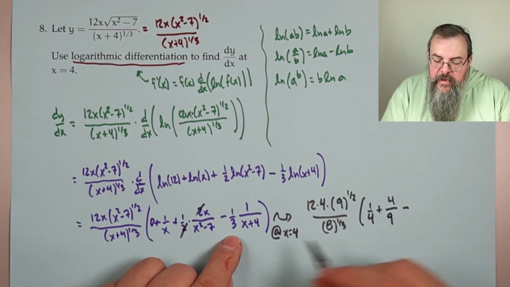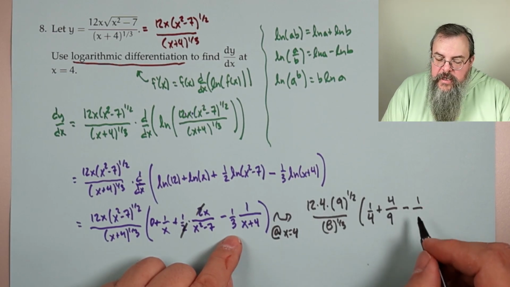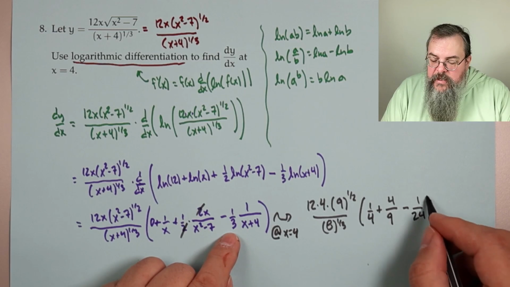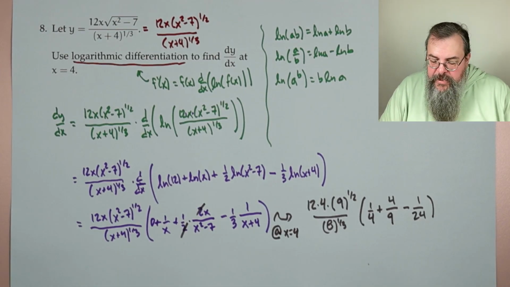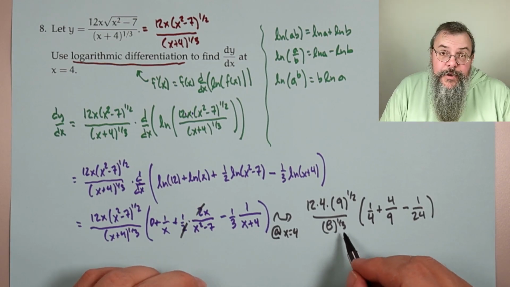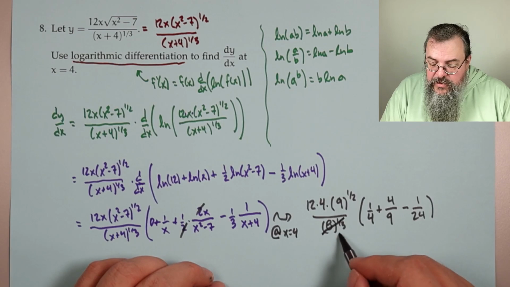And minus, here we'll have a 1 over 4 plus 4 is 8 times 3 is 24. Now, things should clean up. I mean, I would hope they do. 8 to the 1/3, cube root of 8, that's 2.